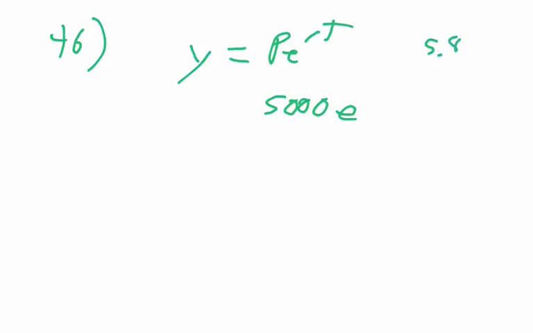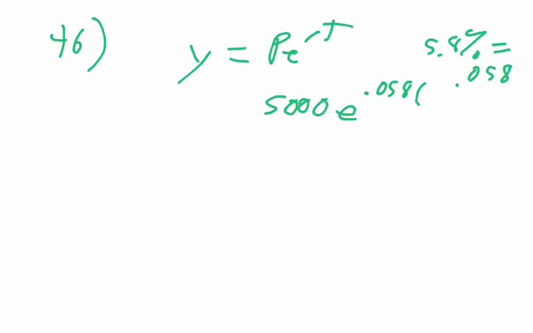46 has us doing something continuously, which means we have y equals P e to the rt. Anytime something's compounded continuously, we always use the one that has the e. So we have $5,000. 5.8% is 0.058, because you can either divide that by 100 or simply move the decimal place over twice.